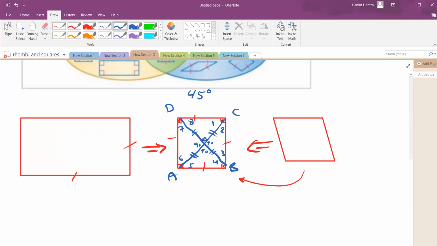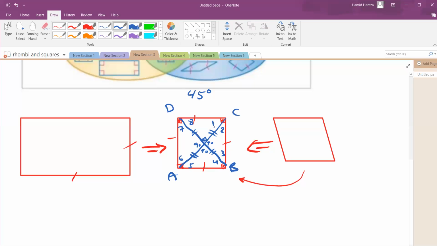So 90 divided by 2 is 45. So all of them are equal. This is the property of a square: the corresponding parts are congruent. Sides are equal, the angles are equal, the diagonals are equal, the parts of the diagonals are equal.